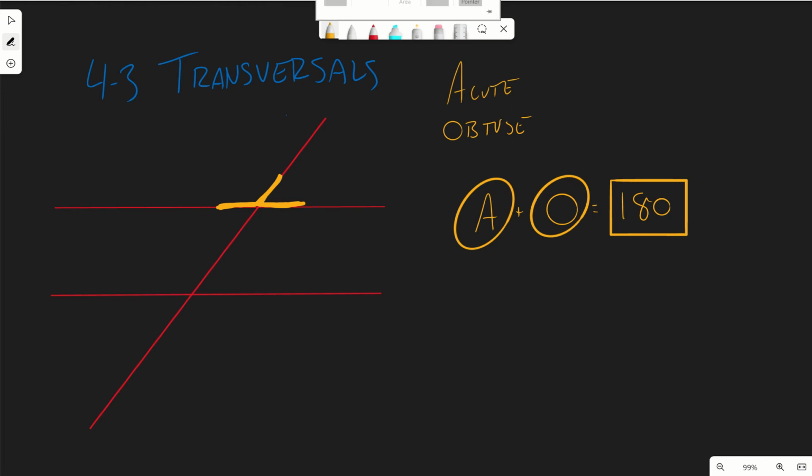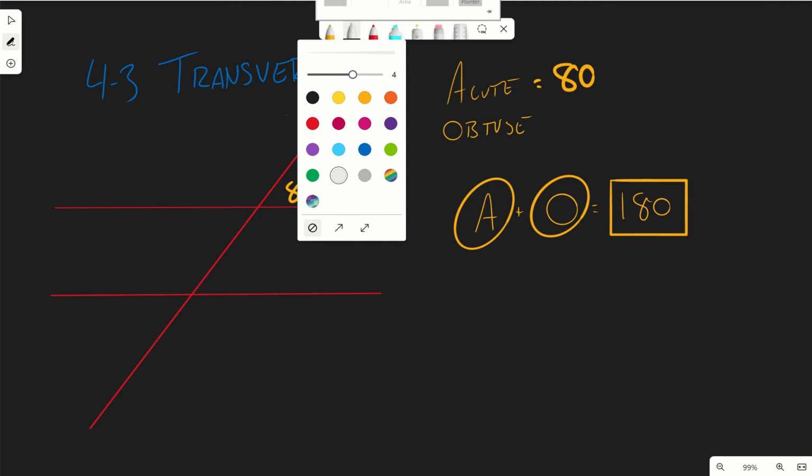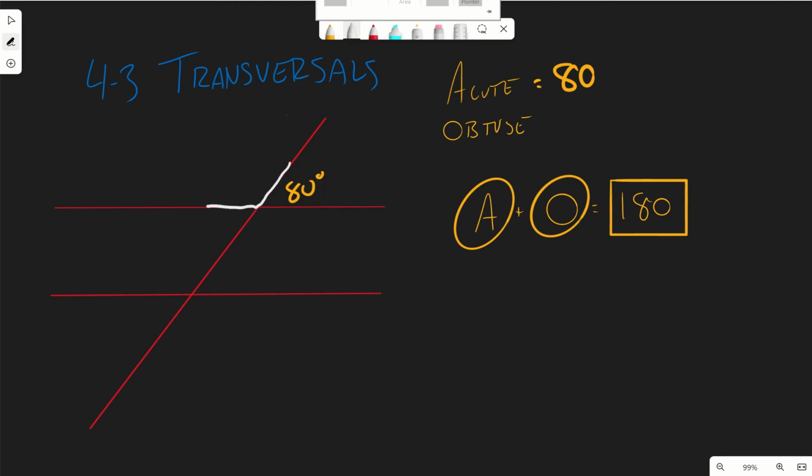Now, let's say I have my transversal, and on my transversal, I know that this angle is 80 degrees. I know my acute angles here are going to be 80 degrees. If I know that, how big will my obtuse angle be?